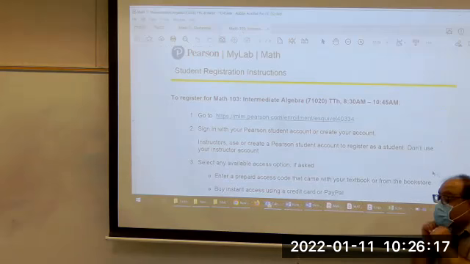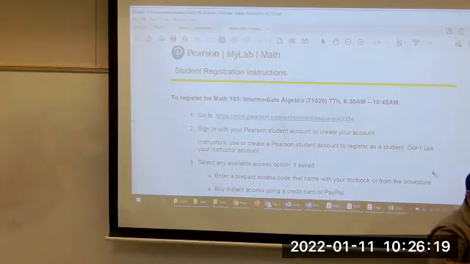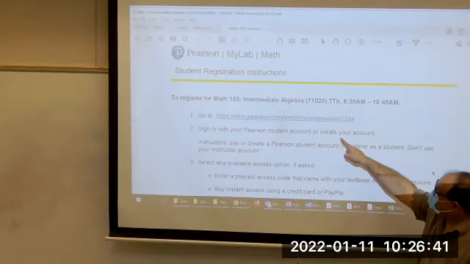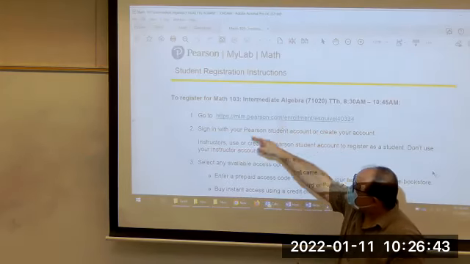If you have ever done a Pearson account or anything, use the same username and the same password. You don't need to set up a whole new account. You can use the same account that you set up at the beginning. So I'm going to go to Pearson enrollment.